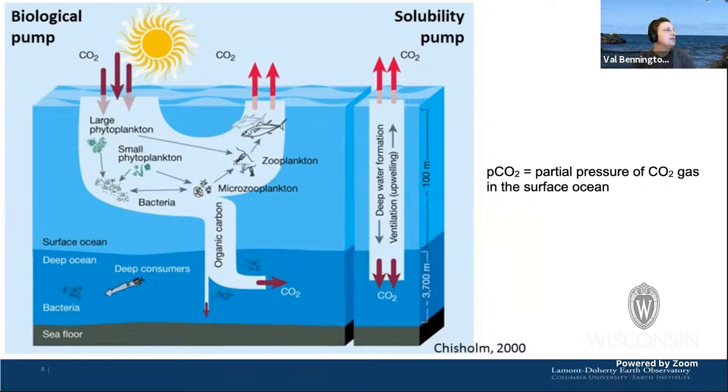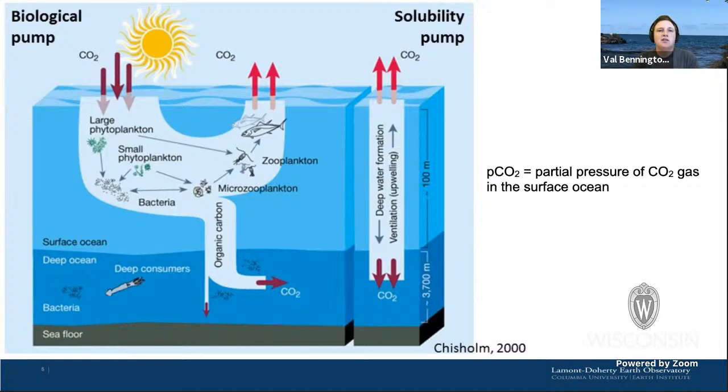As the phytoplankton grow, they absorb and take up CO2 gas from the surface ocean, build carbon into their bodies, and then through waste production are actually removed into the deeper waters. So a portion of the biological productivity ends up removing carbon from the surface ocean to the deeper waters away from the atmosphere.